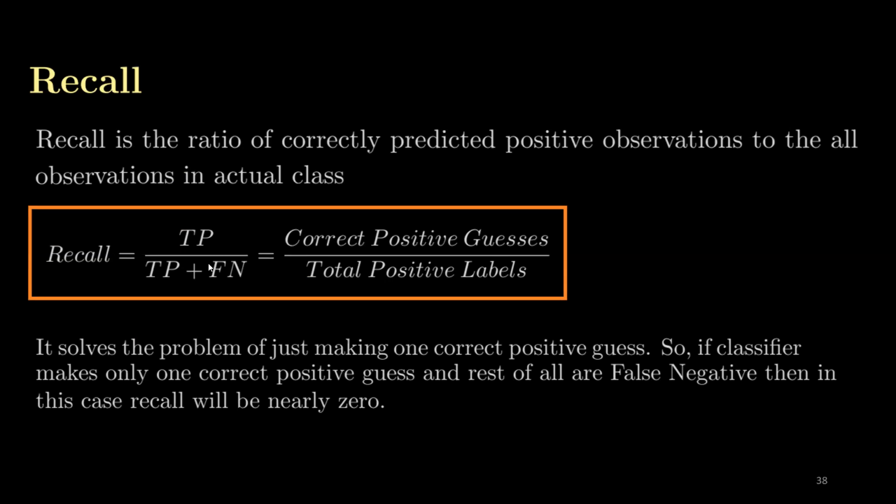This value is actually a positive, but the model has classified it wrongly as a negative. So that's why the sum of true positive and false negative is the total positive labels. So out of total positive labels, how many labels are correctly classified or guessed by our model? It will give us the value of recall.